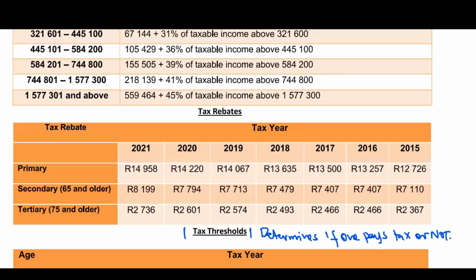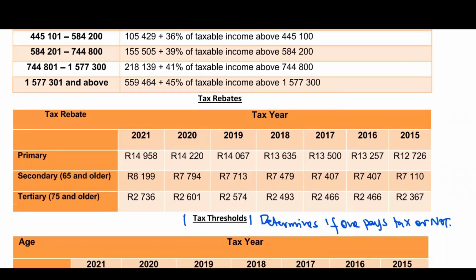I think we need to know, when we look at these tables, we've seen the rebate. This is a tax relief given by the government. What does it do? It reduces the tax one would have paid. Tax rebates and medical tax credits reduce the tax one would have paid.